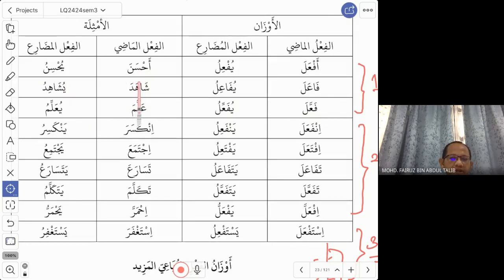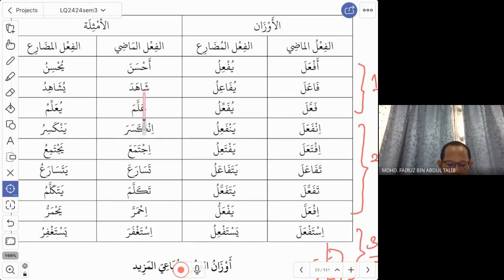To do something in a best way, that is also ahsana. Ahsana fi amalihi. So he did very well in his work. Okay, he did it very well. Syahada yushahidu, to watch. Yushahidu television. I watch TV. So we say syahada.